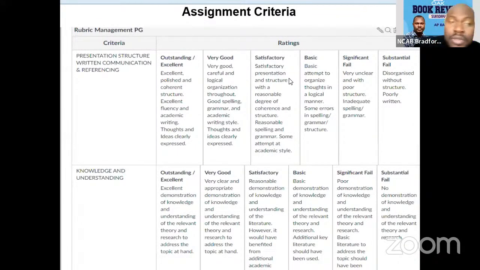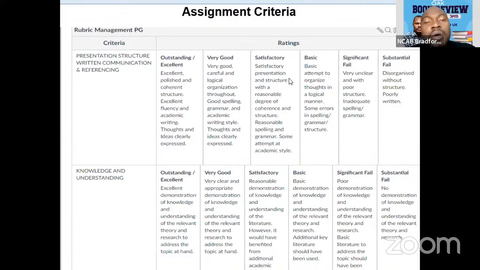Now, this is what is called the rubric, and you will see for a particular assignment, this was gotten from a particular assignment. You will see the presentation, the structure, the writing, communication, and referencing. If you want to score like 70%, you need to be targeting outstanding and excellent.